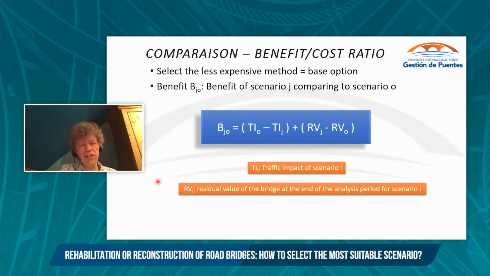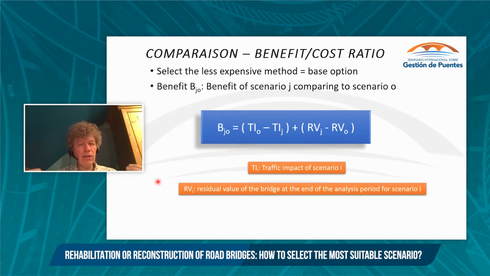Previously, he has a bridge, and after the operation, he still has a bridge with the same service level. So it's quite difficult to express a benefit. So we will, in fact, express a benefit of one solution compared to another solution.